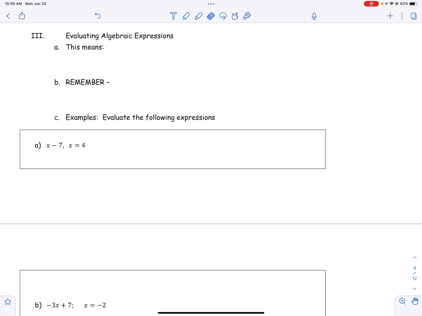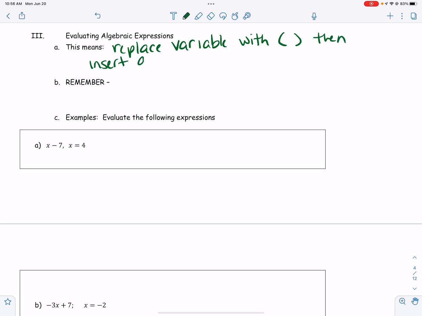All right, the next part in 6.1 is learning how to evaluate algebraic expressions. What this means is that you are going to replace the variable with parentheses and then insert the given number and calculate.